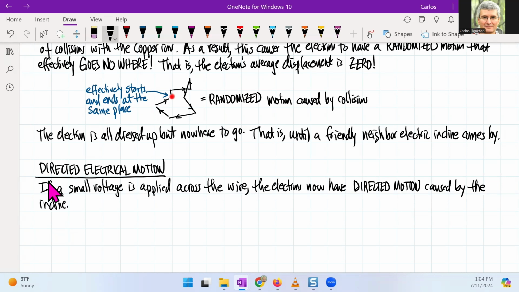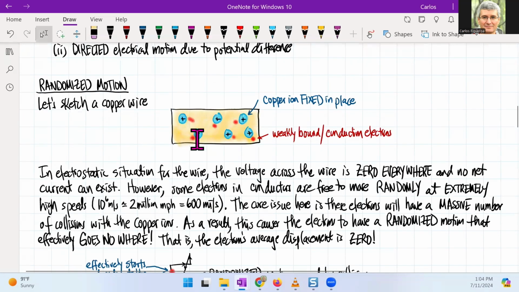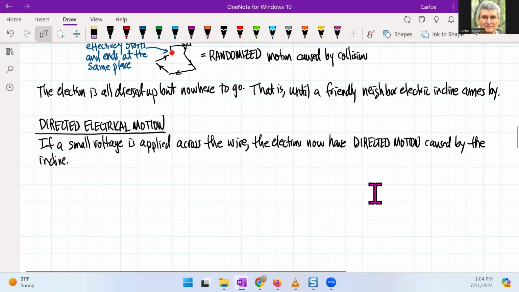So again, there's two pictures. If I think about my copper wire, let me see if I could come in here and grab my copper wire. Oh, that's a bit too big. Let's not make it this big. Let's redraw it. So I imagine that we have our wire.